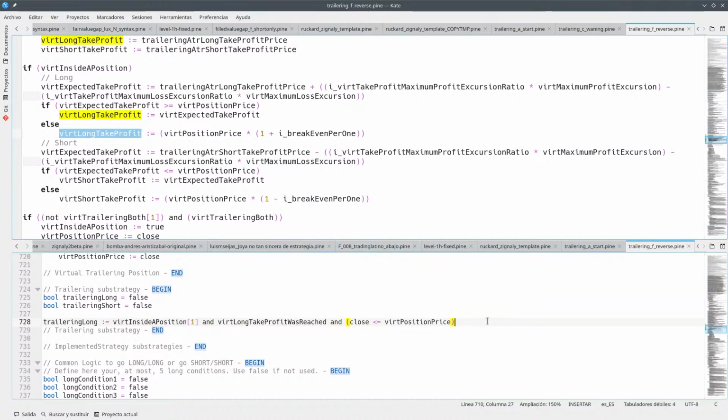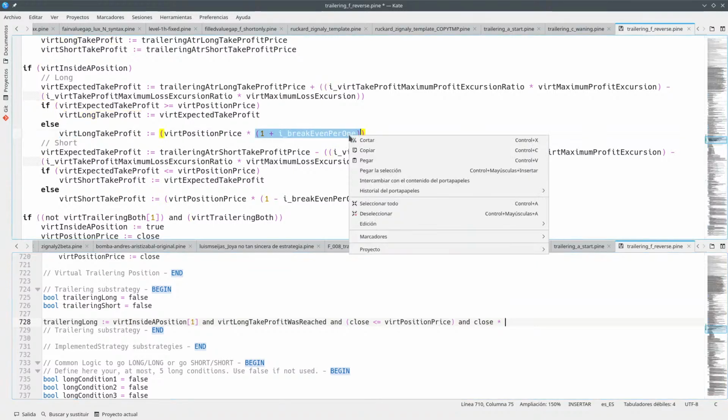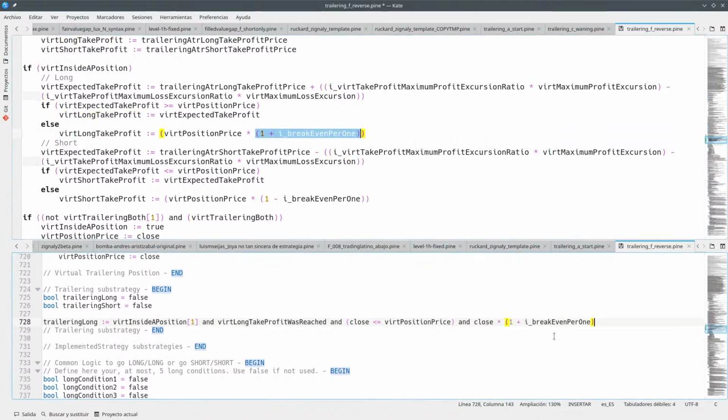Yeah, so basically what I can do here is close this thing here. This is the break-even price.